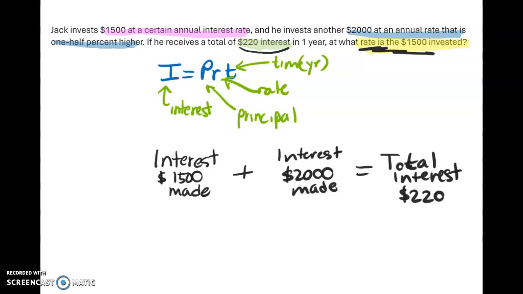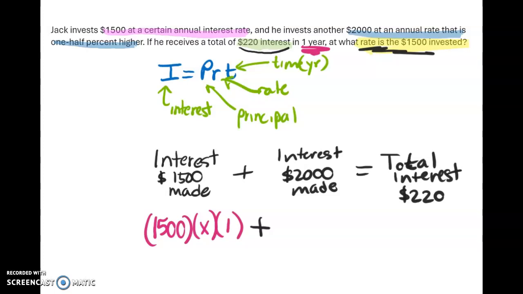So I'm going to use this formula twice here. And the interest made on the 1,500 is going to be the principal, which is 1,500, times the rate, which is our unknown, I'm going to call it X, times the time, which is for 1 year. So that will be 1.